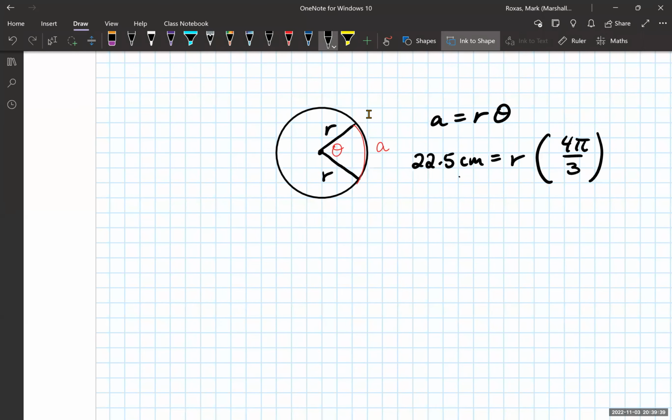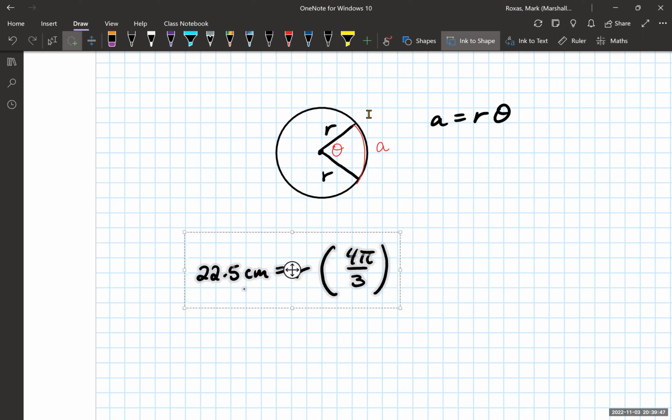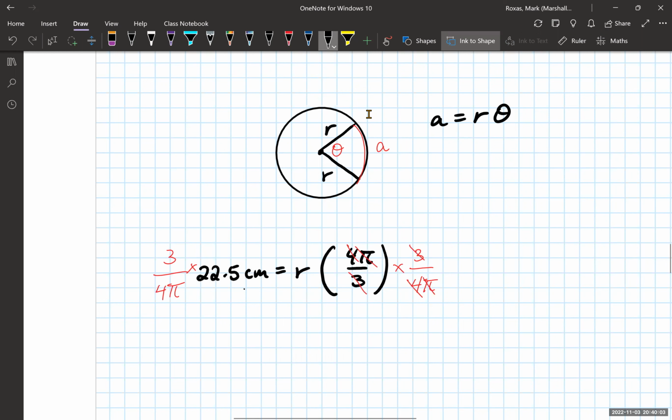How do we solve this? If I multiply both sides by 3 over 4 pi, the 4 pi cancels with 4 pi on the right side, 3 cancels with 3, and I'm left with r.